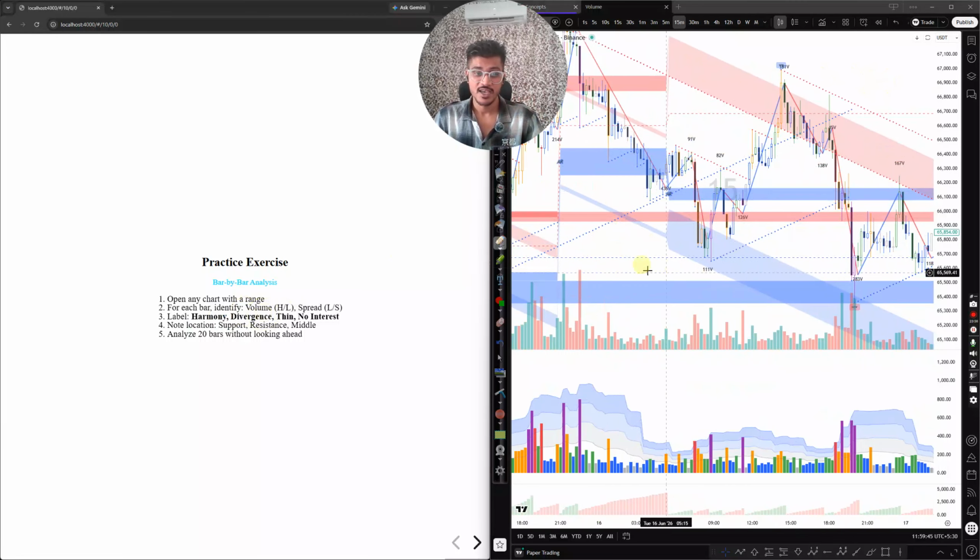Just go through that, and think about whether the volume is supporting the move or not, and if the price, which is the result, is reflecting that effort. Then note also the location. Where is it happening? Near the support, near the resistance, or in the middle of the range? And then analyze 20 bars without looking ahead.